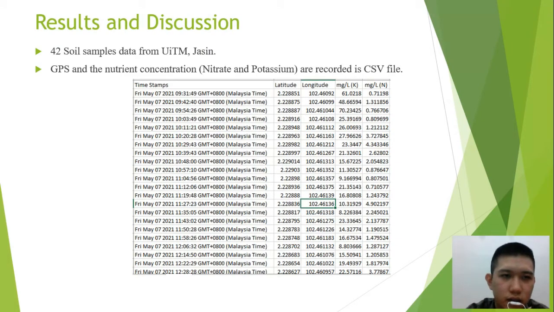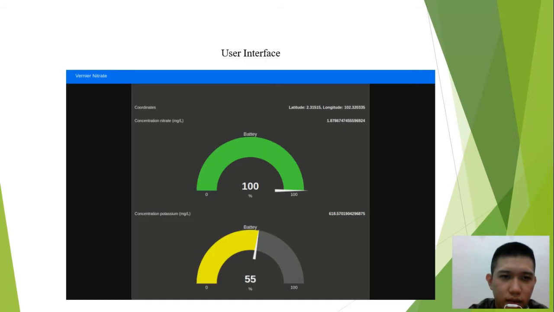For the result and discussion, from UITN Jasin, we have collected 42 samples of soil, and by using the system that we developed, the GPS and soil nutrient concentration are recorded in a CSV file. This is the user interface of our system.